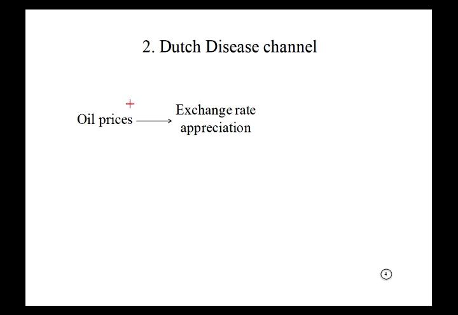When the oil prices go up, I'm the Nigerian government, I'm selling oil. I always sell oil in dollars or foreign exchange. I export, I get foreign exchange. Now I want to spend this money domestically, okay? So therefore I need to convert all my dollars into domestic currency in order to spend it.